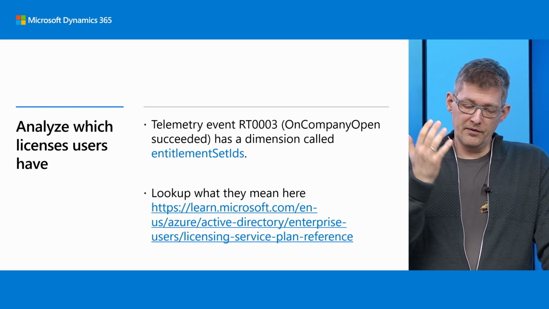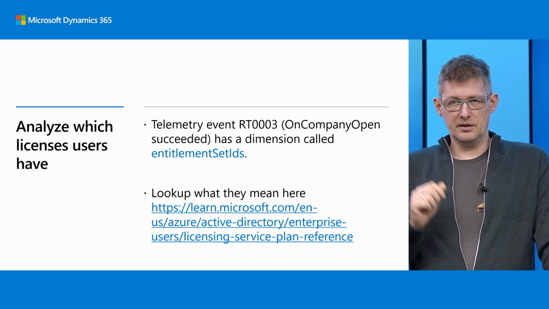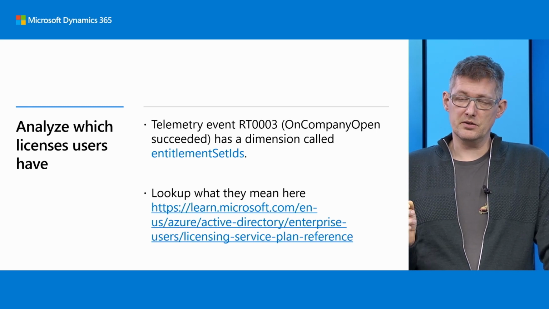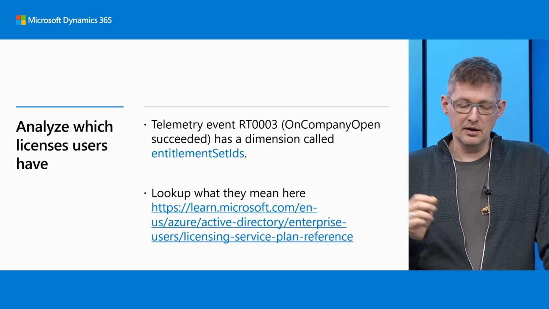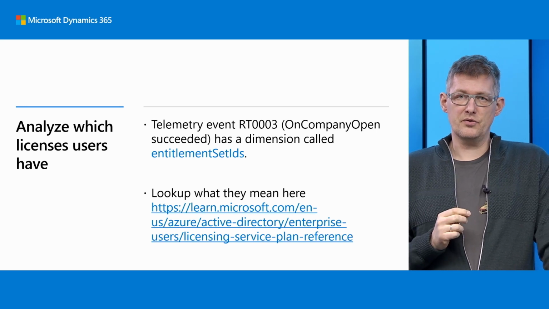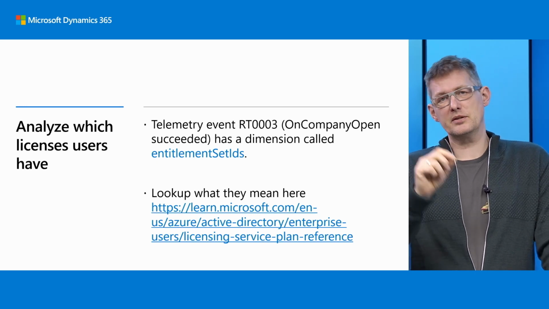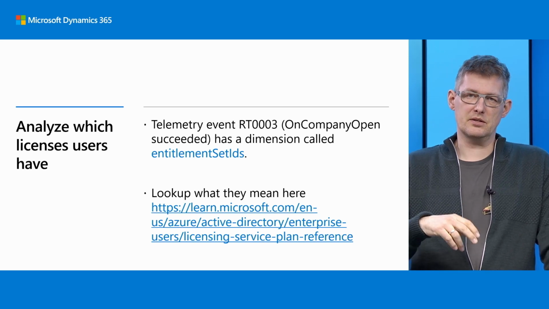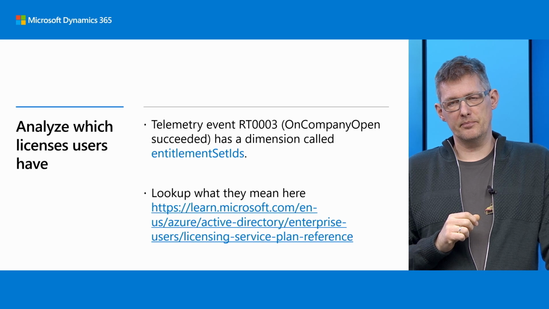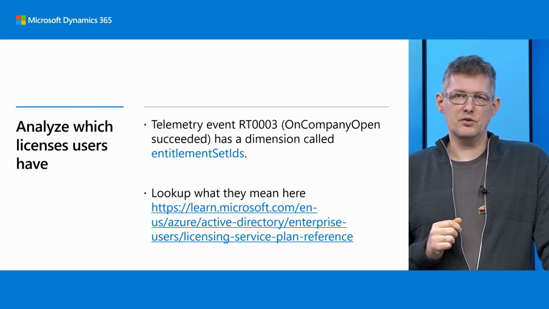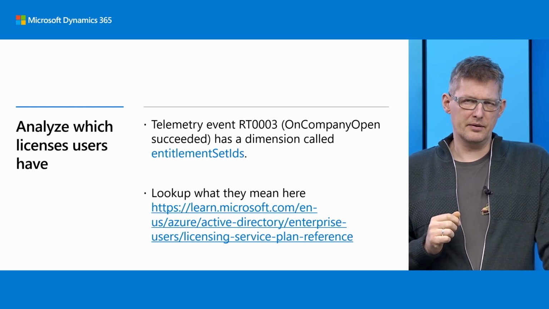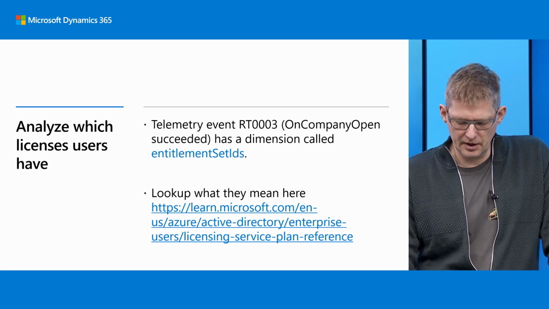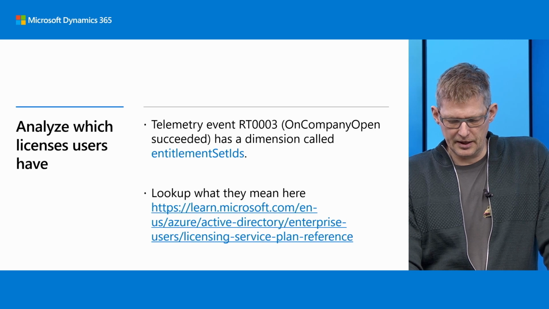So whatever is in this dimension, these are some GUIDs. You can actually look these GUIDs up on the Active Directory documentation, what they mean, and therefore you can translate whatever is in this dimension to what license the user had. So that's already in as a sample that you can use to analyze. I'm not sure whether it's still in the Power BI app. I have to double check. I don't remember if I added that.